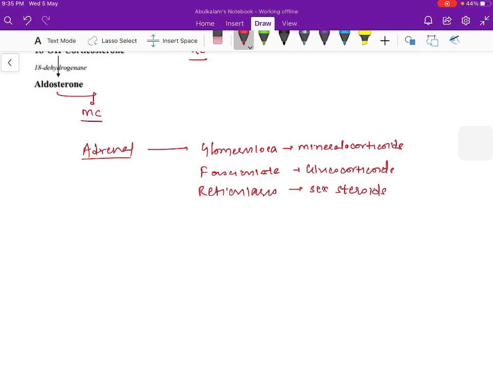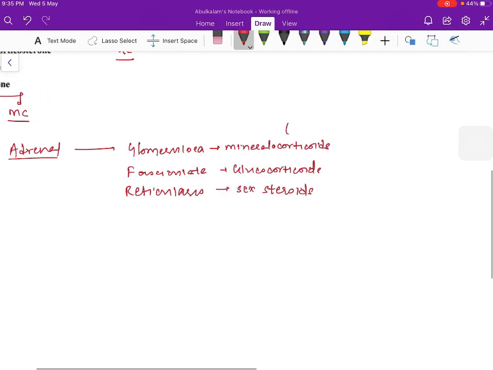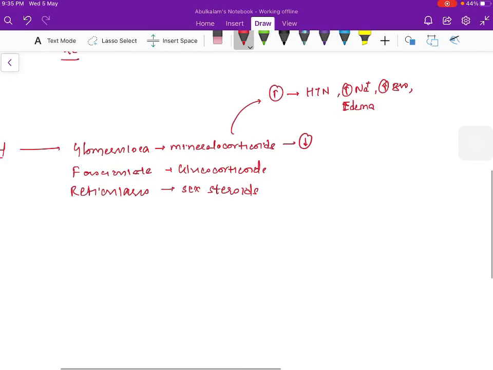So as you all know, the mineralocorticoids can be raised or decreased, right? If they are raised, it will lead to hypertension, increased sodium, increased body water, and edema, as in the case of cirrhosis, and this will also lead to decreased potassium, which will damage the heart, causing arrhythmia.